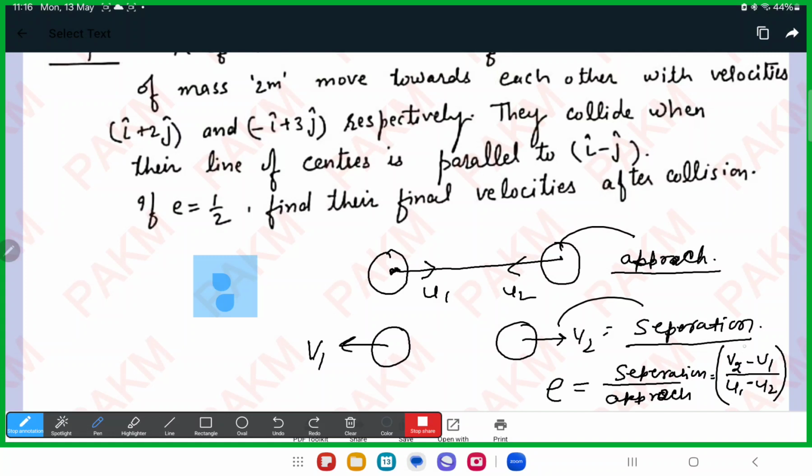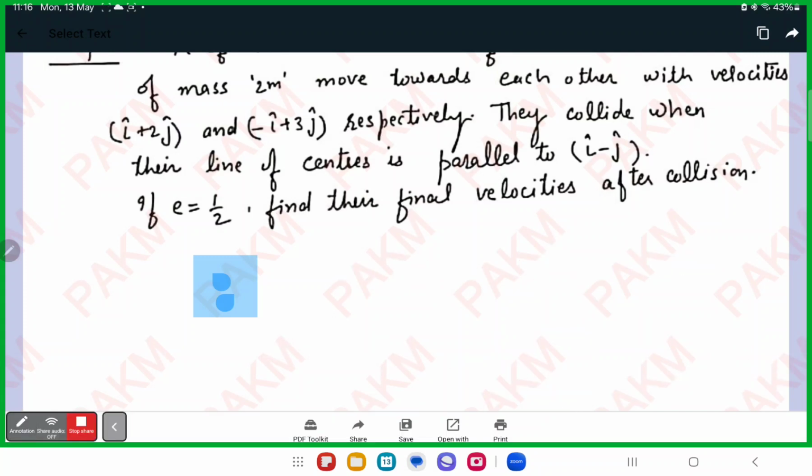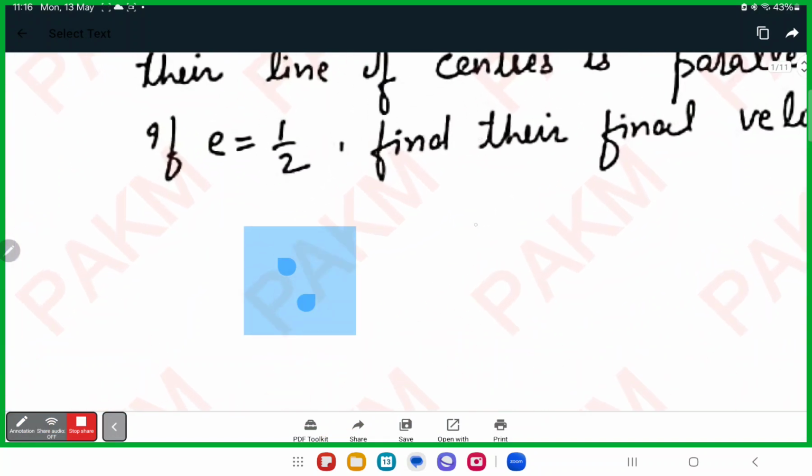This is the basic formula of coefficient of restitution. And since they have given restitution, that is an inelastic collision, because if the E value is equal to 1, we can say elastic collision, and if the E value is not equal to 1, here we can say that is an inelastic collision. I thought this detailing is clear to you. And always remember, the velocity along the central line we have considered for the calculation. So let's quickly see.